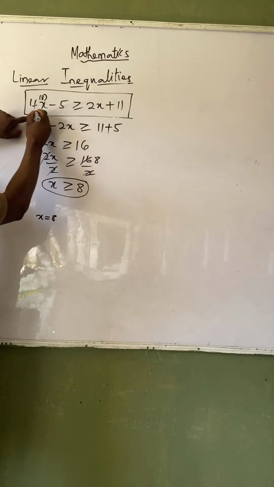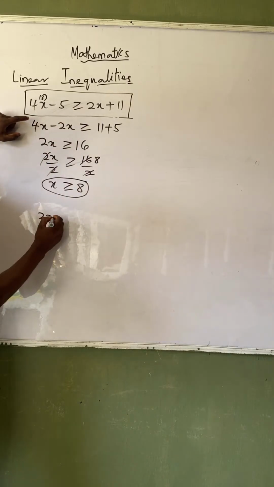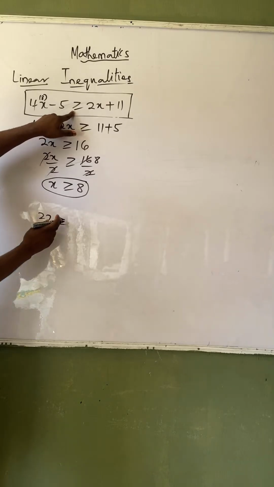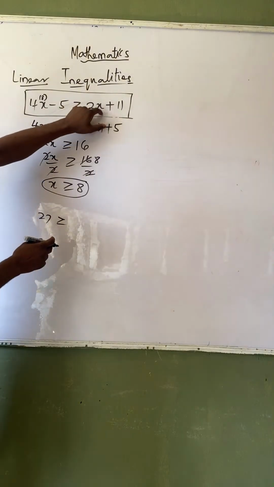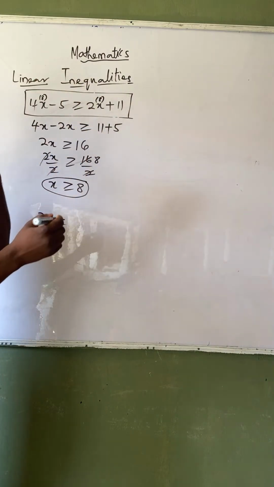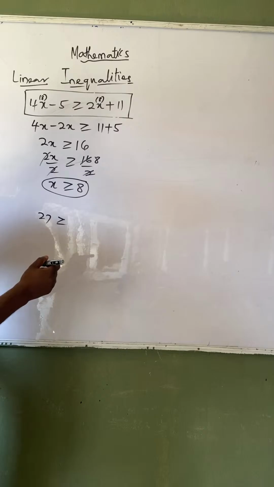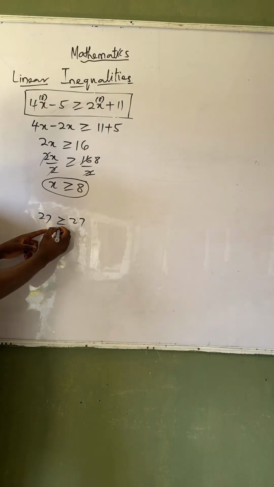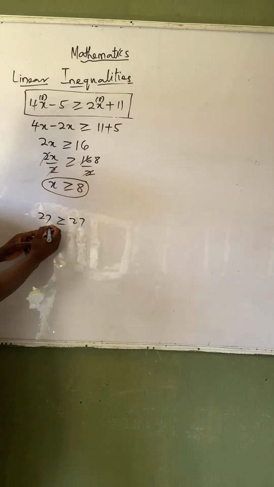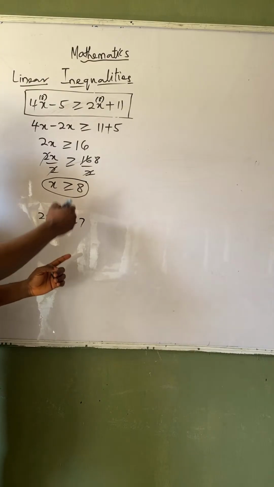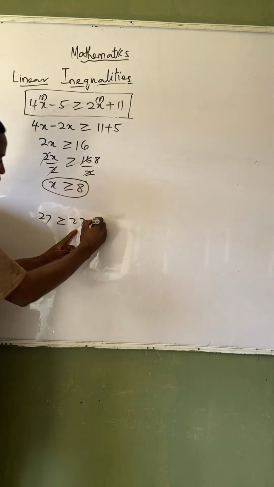So on this side we have 27, and let's see if it is greater than or equal to what is here. Put 8 here. 2 times 8 is 16. 16 plus 11 is 27. Does this obey our inequalities? Yes, it does, because if 27 is not greater, it is equal to 27. So that means this is correct.